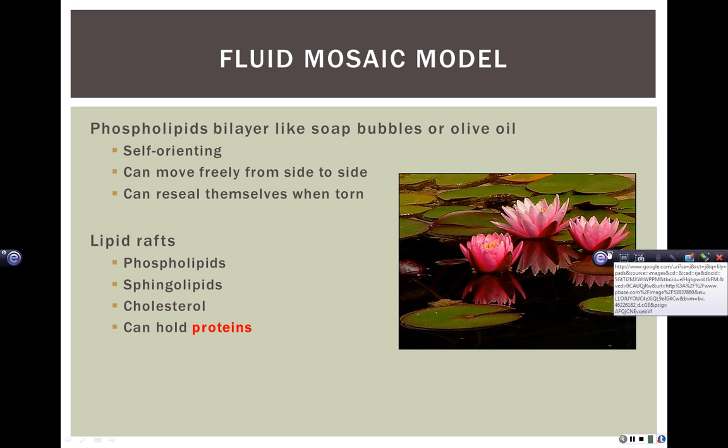So the cartoon-like diagram we just looked at might give a rather static impression, or if people use analogies like walls of a building, you might think of the cell membrane as being sort of rigid. But cell membranes in animals are not made up of walls like in plants.